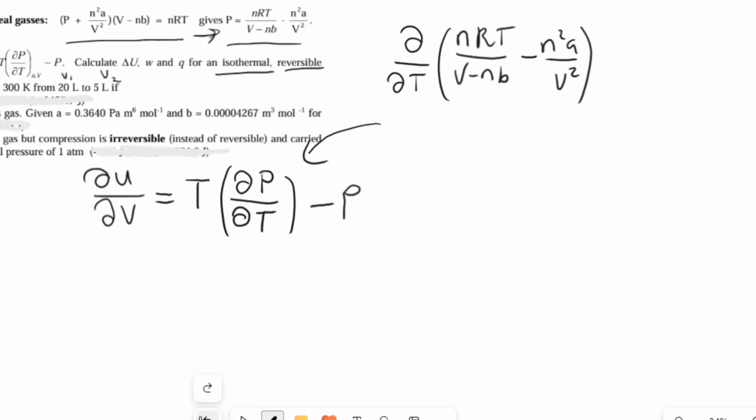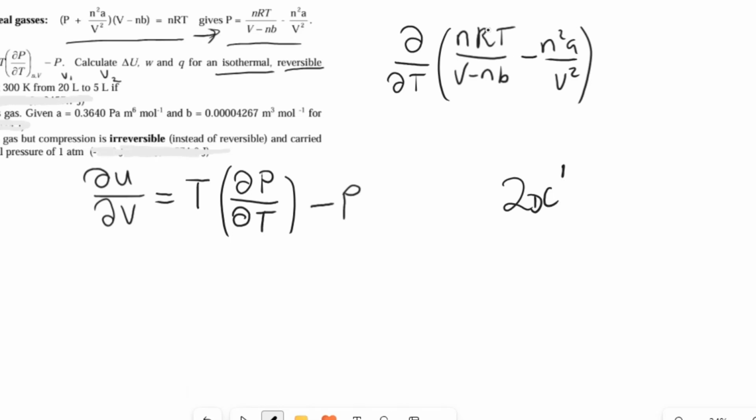Let's solve that. If I want to differentiate these terms partially with respect to T, only T is my variable and everything else I see as a constant. When I differentiate that, it's like when you see 2x, 2x to the power of 1.